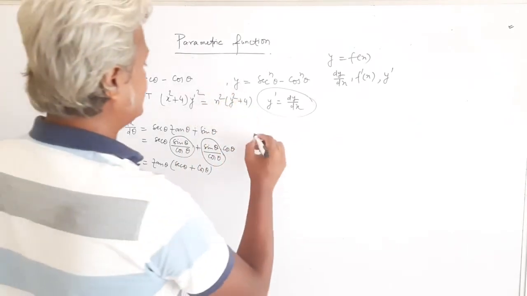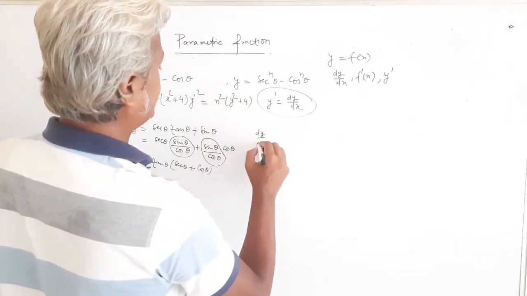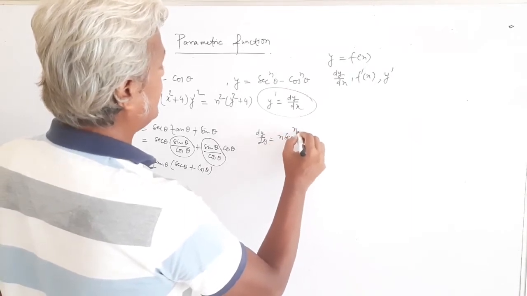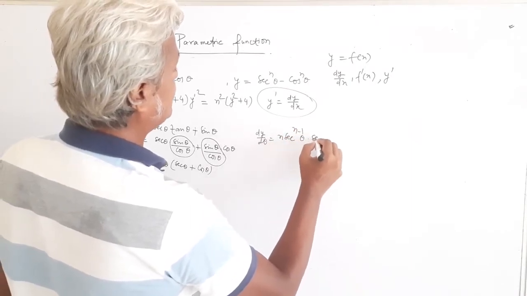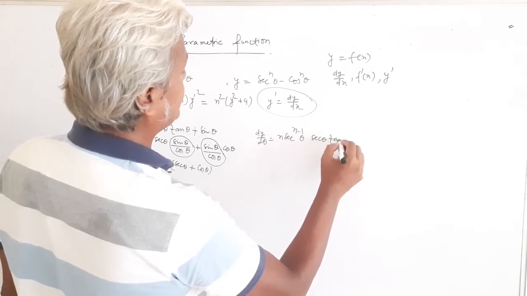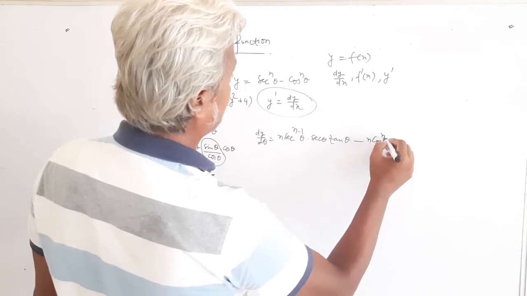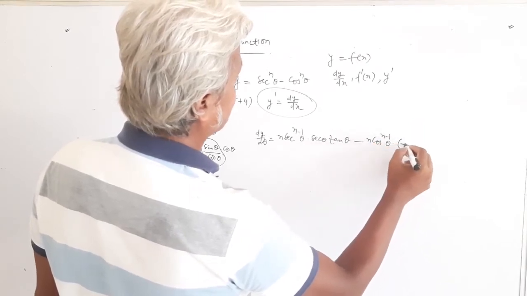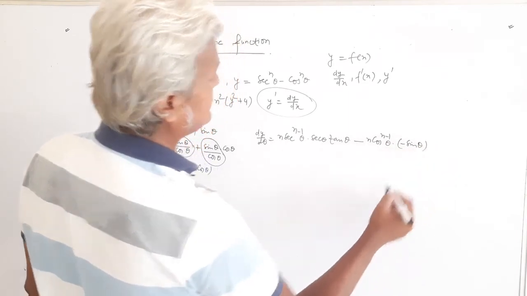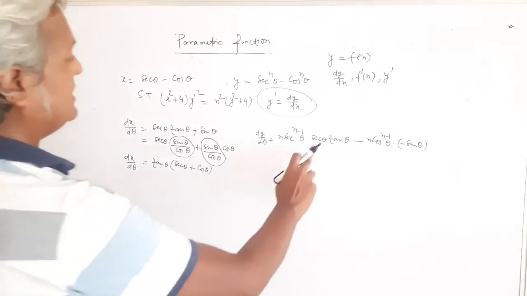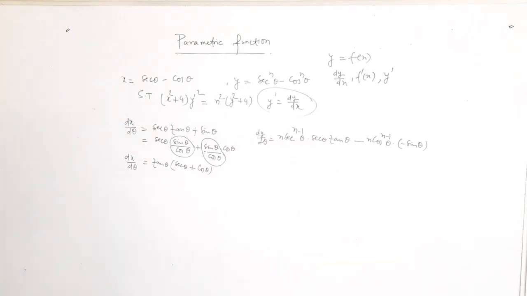Now I go for this one and find dy by d theta. So dy by d theta is n sec to the power n minus 1 theta into sec theta tan theta, minus n cos to the power n minus 1 theta into the differentiation of cos theta, which is minus sin theta.